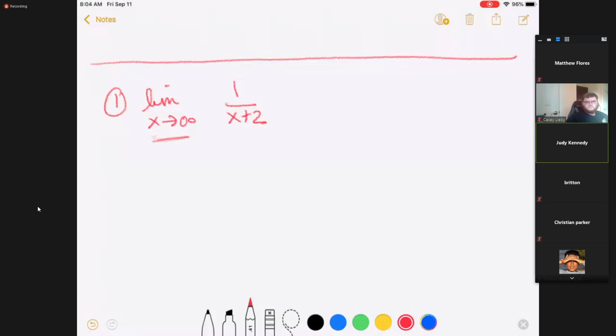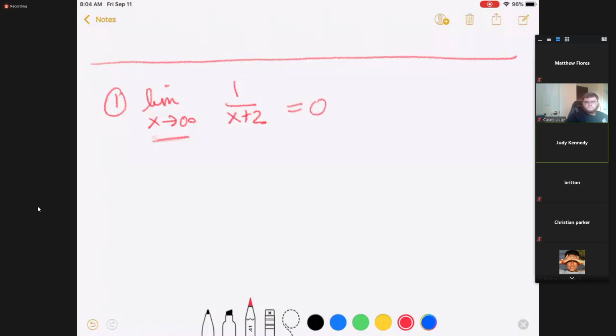It's going to infinity, which is another way of saying that x is getting larger and larger and larger without bound. So you're putting in large numbers here. If x is a large number, x plus 2 is larger, but 1 over x plus 2 is close to 0. This limit is just 0.